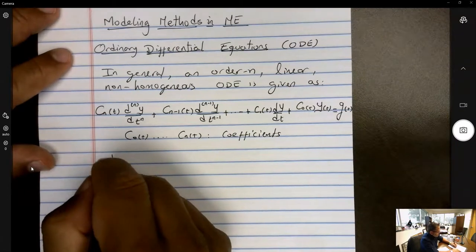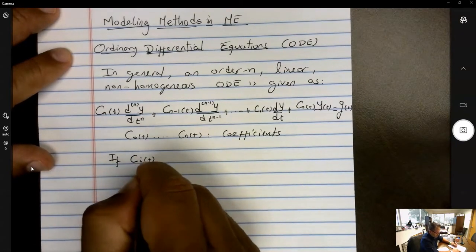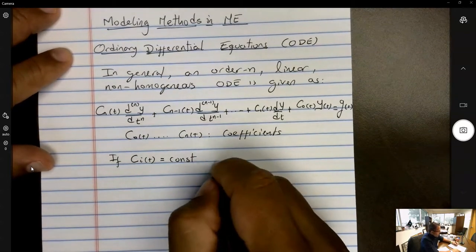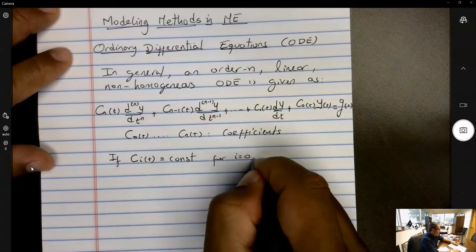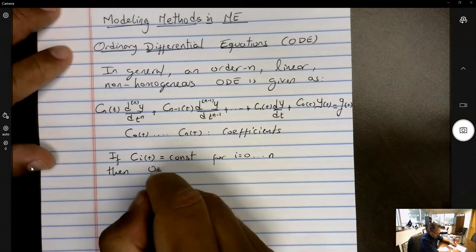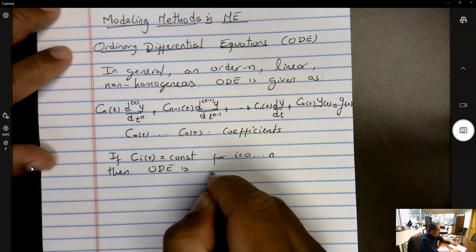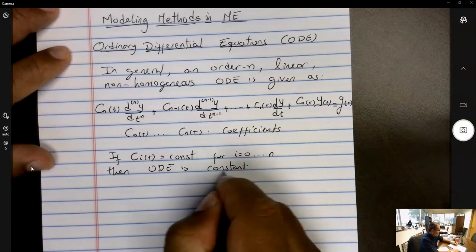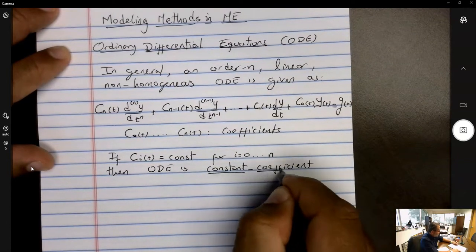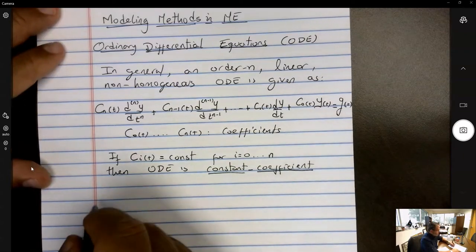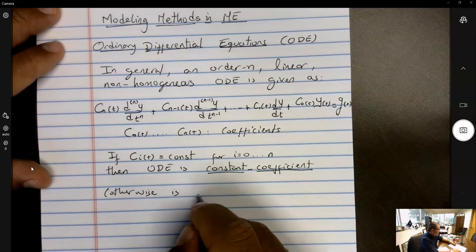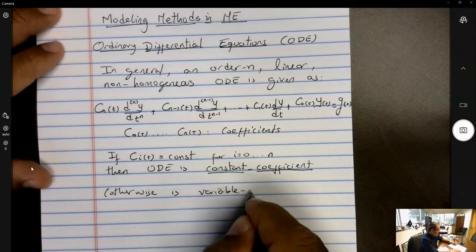Okay? If all the Ci as a function of t are equal to a constant, all of them, that's for i equals 0 all the way to n, then the ODE is known as constant coefficient. Otherwise, it is variable coefficient.